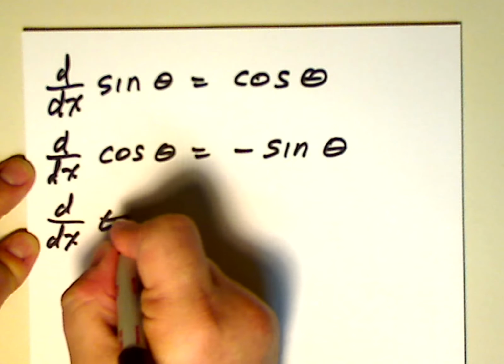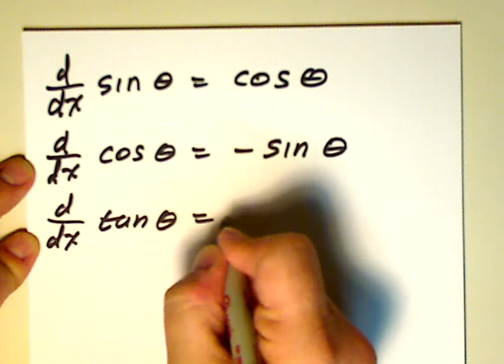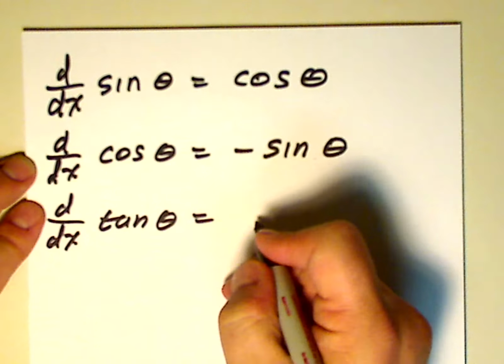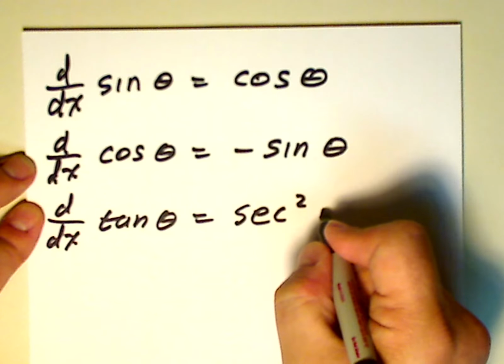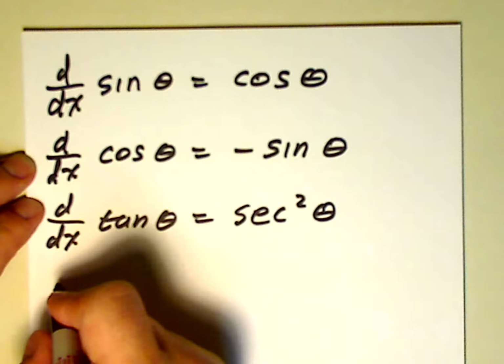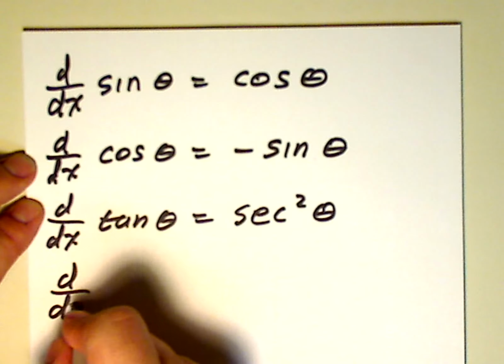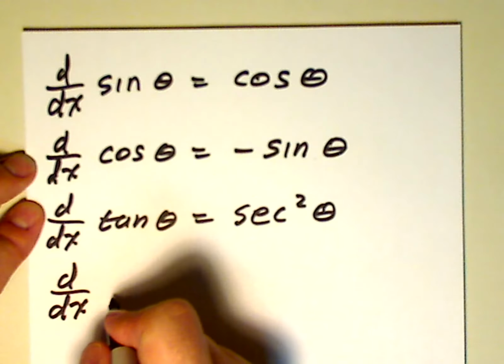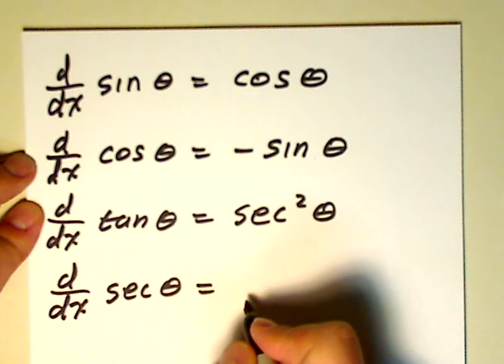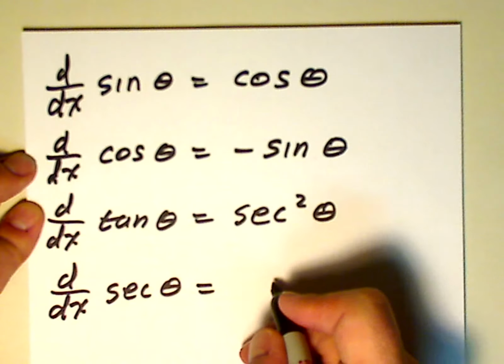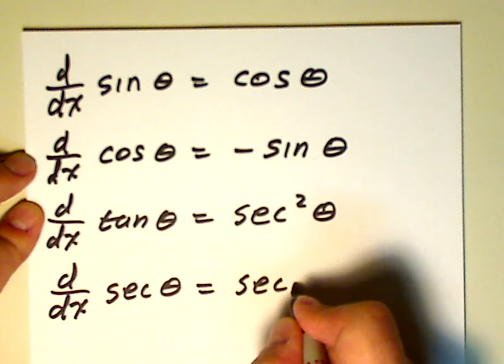The derivative of tangent theta is secant squared theta. The derivative of secant theta is secant theta tan theta.